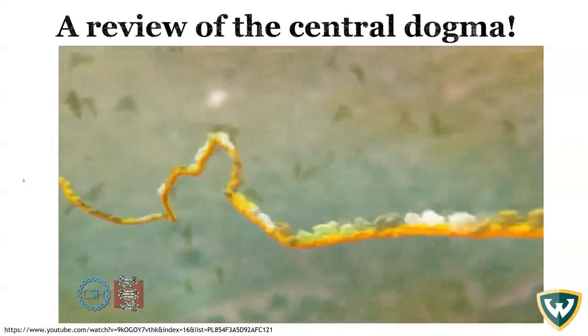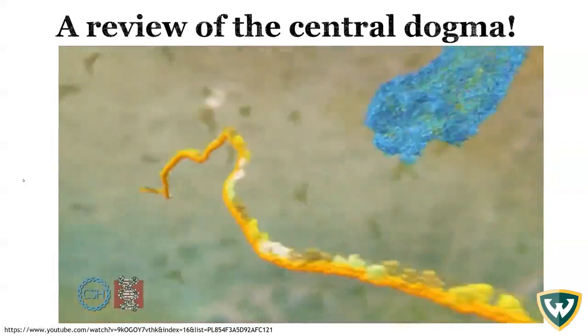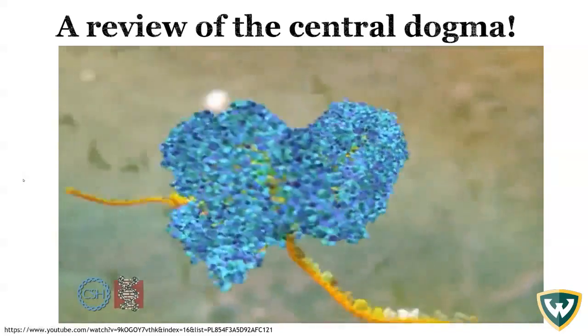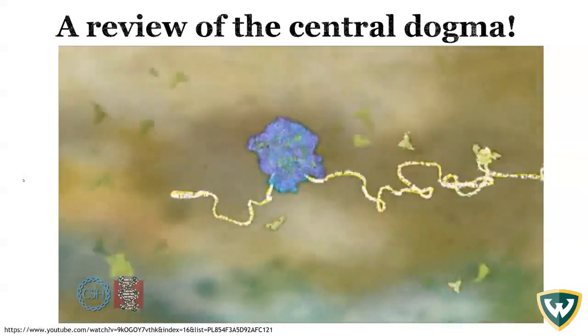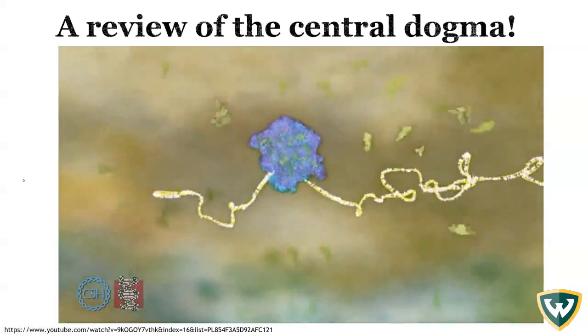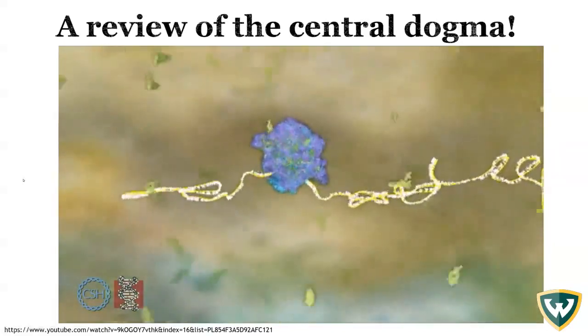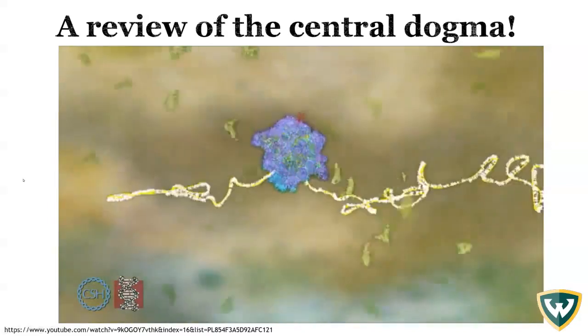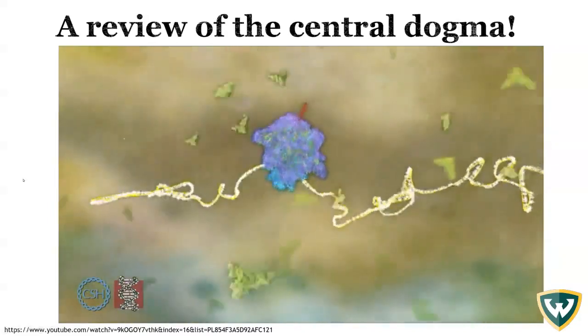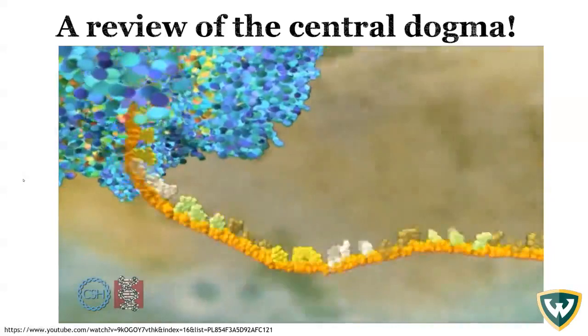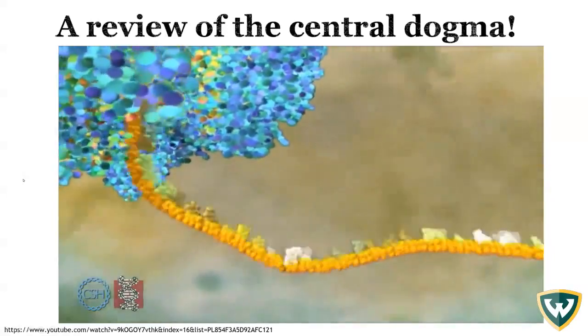Then all the components of a molecular factory called the ribosome lock together around the RNA. It translates the genetic information in the RNA into a string of amino acids that will become a protein. Special transfer molecules, the green triangles, bring each amino acid to the ribosome. Inside the ribosome, the RNA is pulled through like a tape.